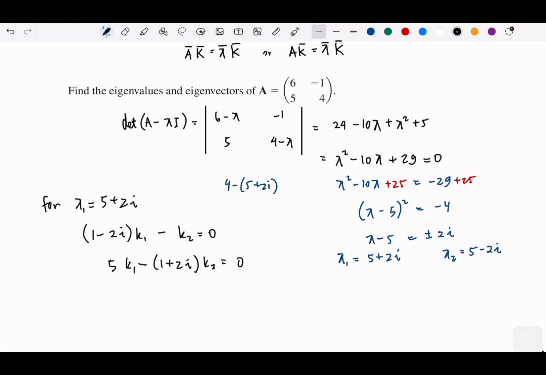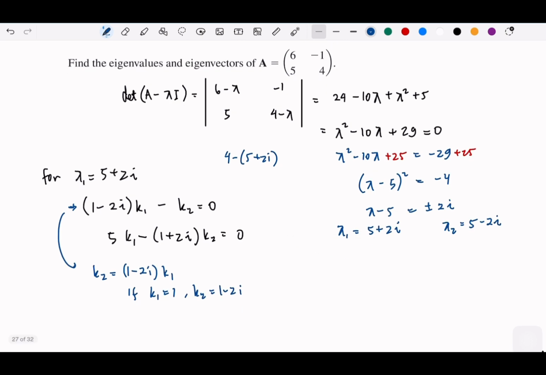From the first line, we can see that k2 is 1 minus 2i times k1. If k1 is 1, then k2 is 1 minus 2i. So the whole eigenvector K will be 1 and 1 minus 2i.